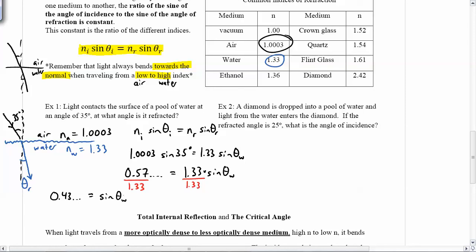Now the problem here is, how can I move the sine to the other side of the equation? In this case, sine theta w does not mean sine times theta w, but it means sine of theta w. You can't just divide sine on both sides. Instead, you need to use a function that's going to cancel off sine.